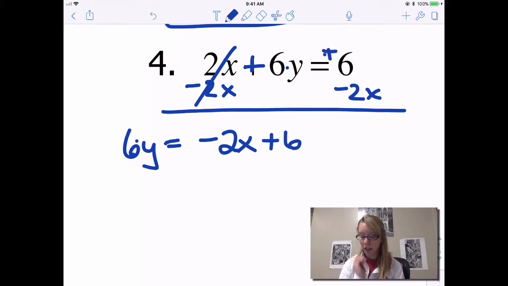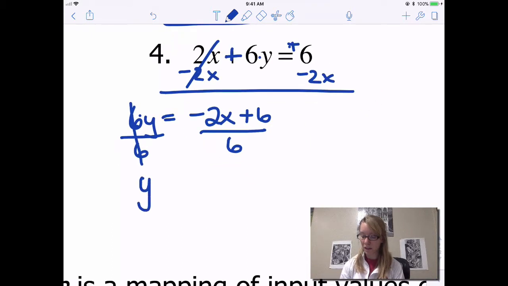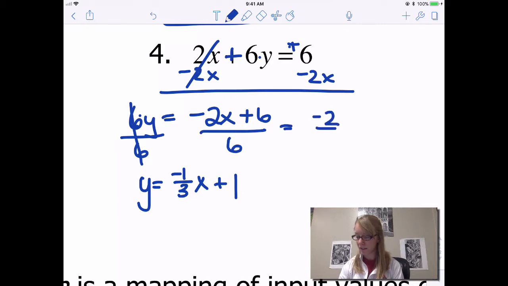And then I'm looking, and 6 is still multiplied by y, so I will undo multiplication with division. And y is equal to negative 2 over 6 is negative 1 over 3x, plus 6 over 6 is just 1. So again, I can think about this as negative 2 over 6 and 6 over 6, and then simplify from there.